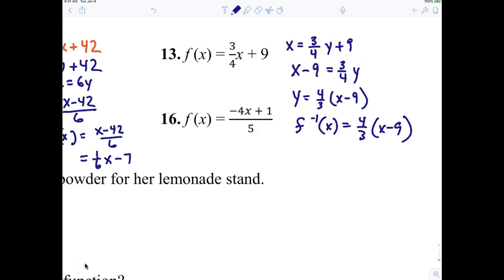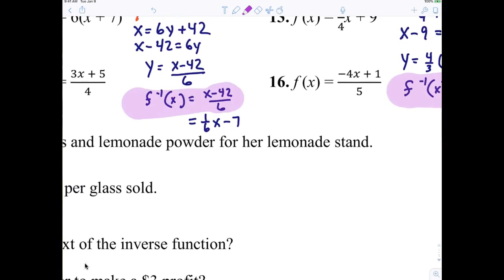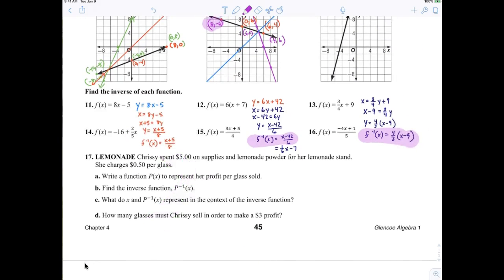That's why the parentheses is there. That's perfectly fine. The other one is perfectly fine. You with me? Just try to reduce.